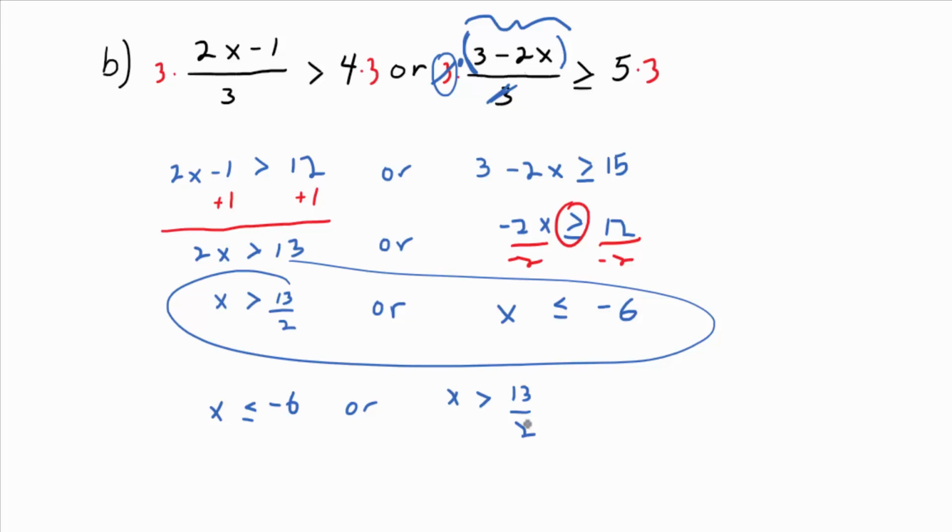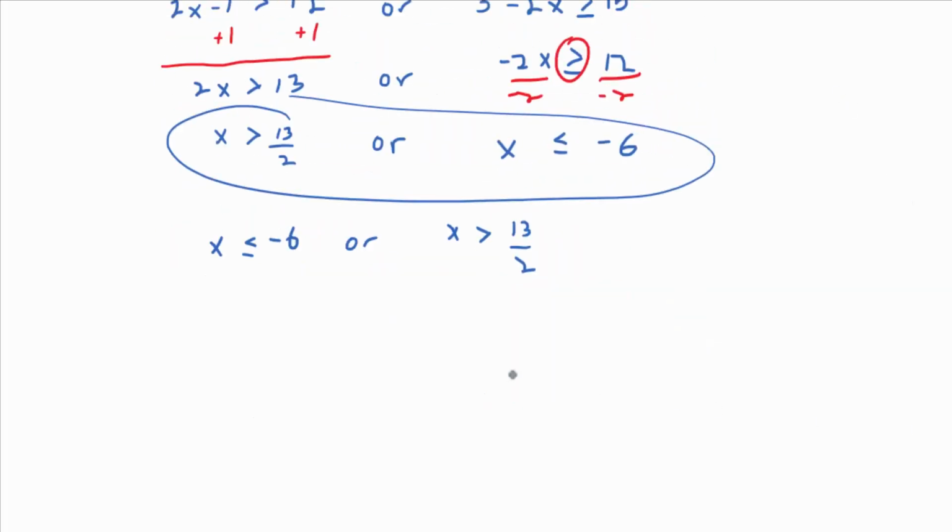The left-hand one is now to the left on the number line if you were to graph it. So you want to have the smaller set of numbers on the left. If you're confused, you could graph both of these on the same number line, since it's an or statement, and then transfer to interval notation. But let's see if we can do it without graphing it on a number line.